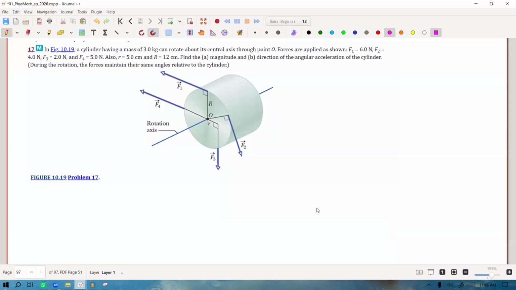Including energy, the kinetic energy and potential energy. The work. The second topic is momentum, and then momentum and collision.